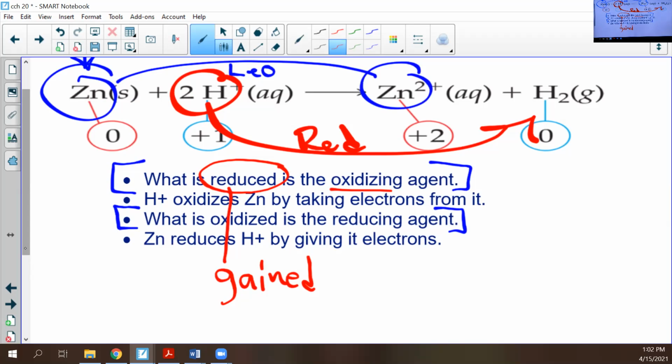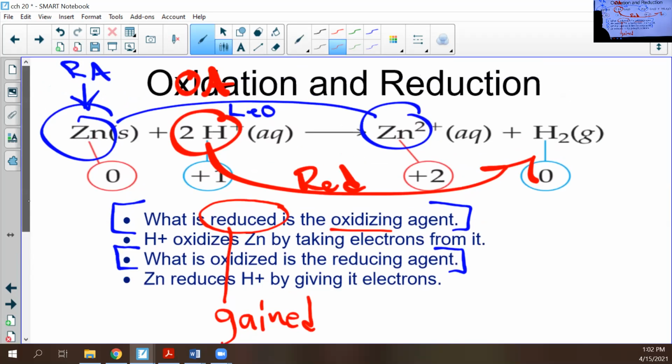Because this thing can't lose unless it went somewhere. They have to have pairs. You have to pair them up and they have to be opposite. It's a little confusing just to look at, but just remember they're opposites.